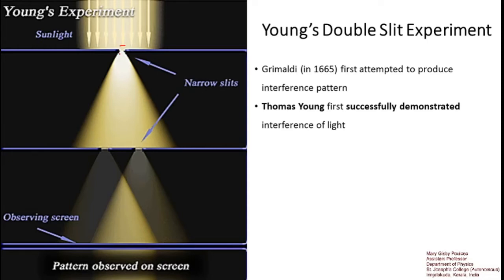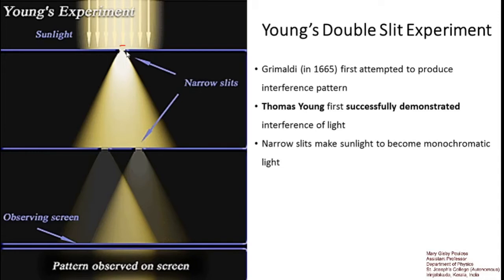So here Thomas Young first passed sunlight through a narrow slit and made it almost monochromatic. When sunlight passes through a narrow slit, only a short range of wavelengths will be allowed to pass through. So he made sunlight to become monochromatic by passing through a single slit.